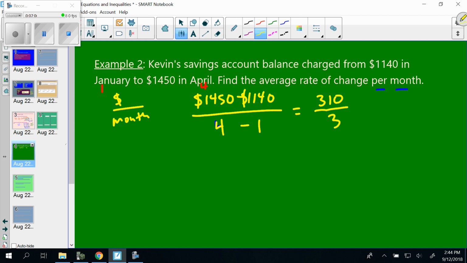Taking $310 divided by 3, we get 103.3333, or $103.33 per month change. On average, that's how much this is changing each month. And since it's going up, we can see that this is increasing by that amount.